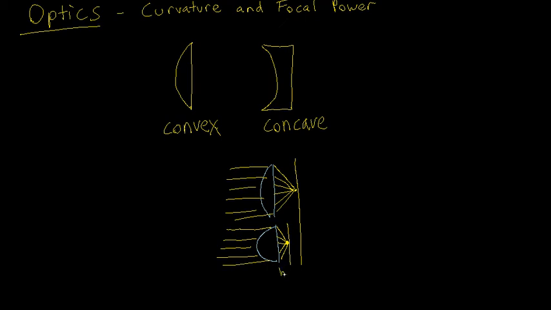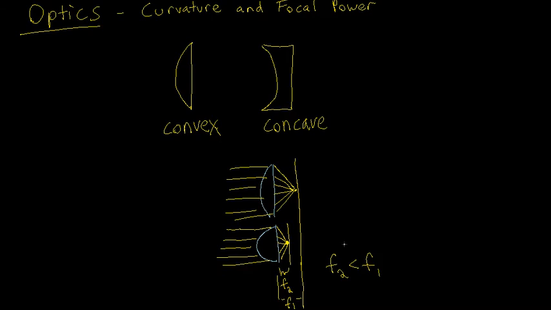So the focal length is much shorter, f2, and this is f1. So f2 is less than f1. But in terms of the actual power of it, what we call focusing power, it's a greater amount. You can see that it's more powerful, it can bend more, and yet it has a lower focal length.